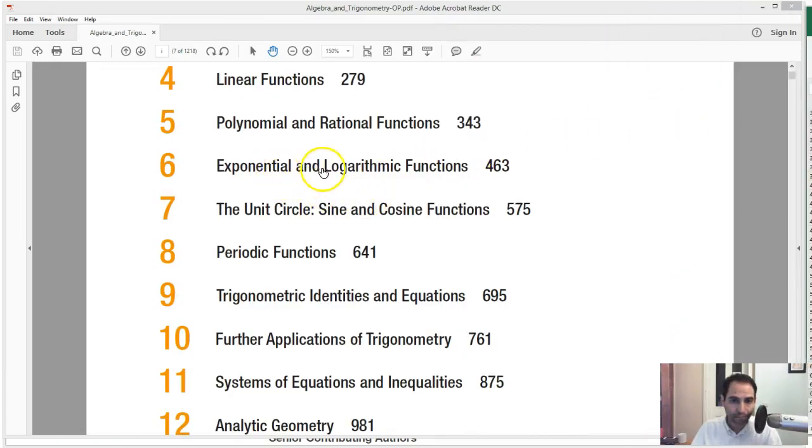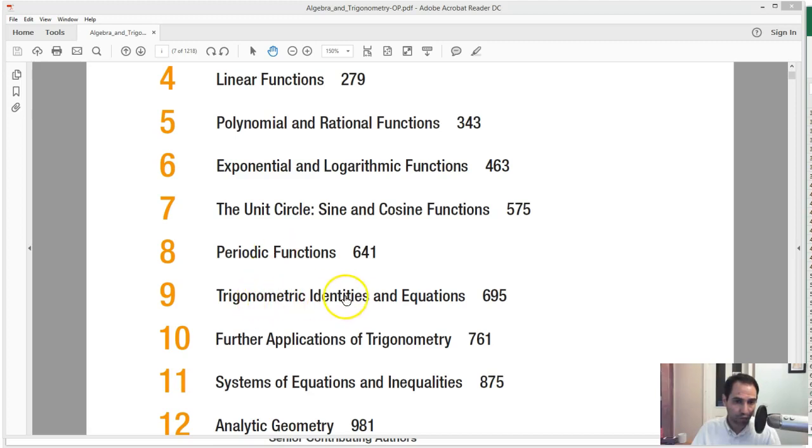So this is basically the basics of trigonometry. As you can see, part 7 of this book, the unit circle, is the basics of trigonometry. Part 8 becomes periodic functions about sine, cosine, and other trigonometric functions, and of course part 8 builds upon part 7.